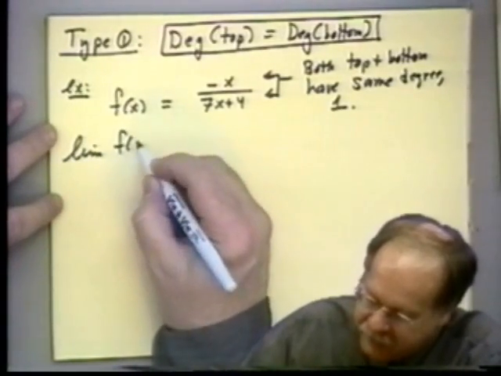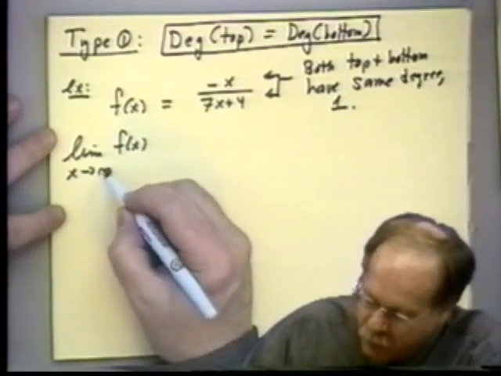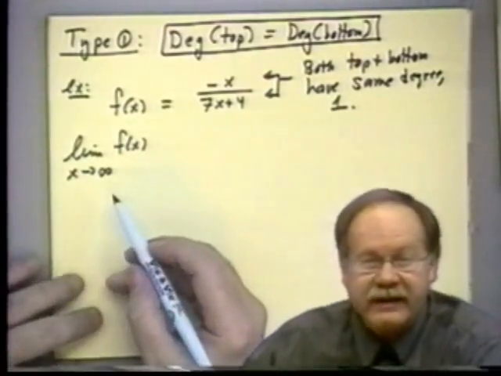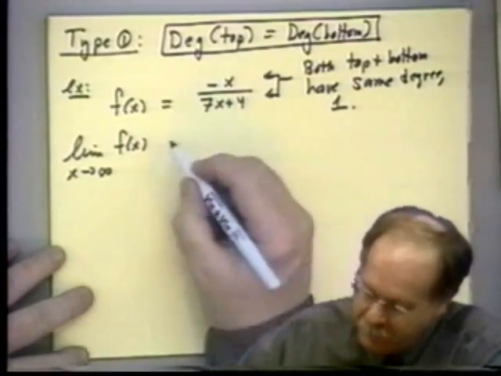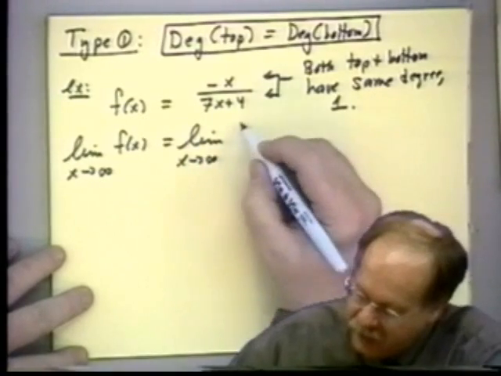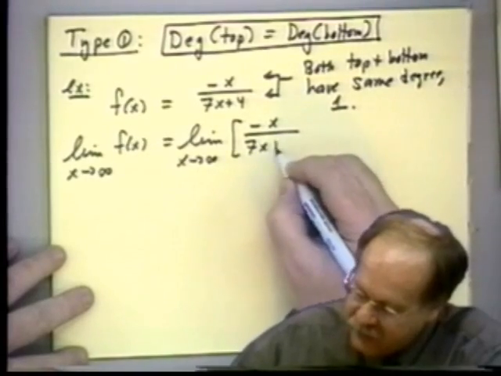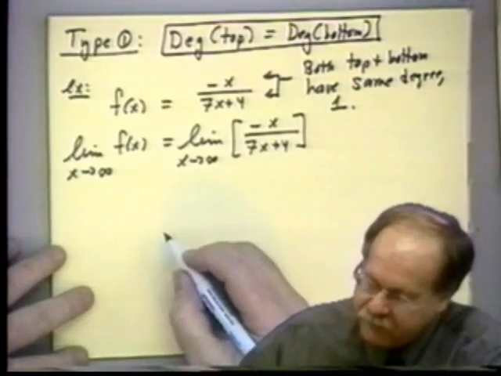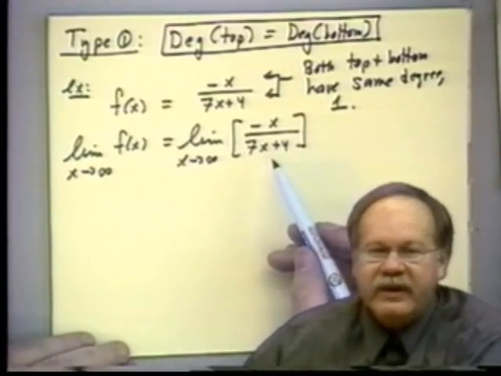What happens now if I take the limit of this function as x goes to, and I can just look at one of the infinities because the idea will be the same for both. So I'll just let x go to plus infinity. And so I have the limit as x goes to infinity of this rational function, minus x over 7x plus 4. Now, how am I going to discover what happens here?